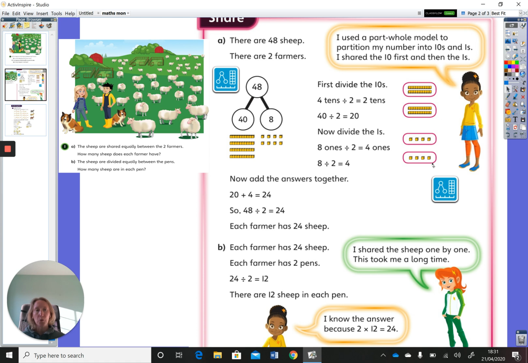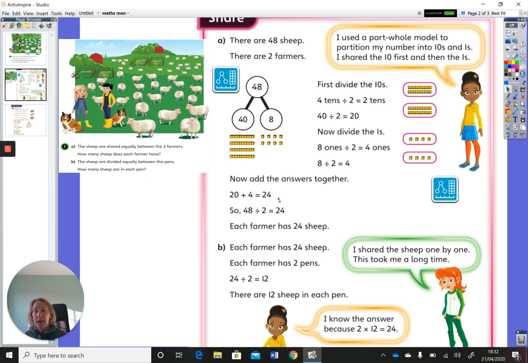So overall, each farmer is going to get 2 tens and 4 ones, which gives you 20 plus 4, which is 24. If you were writing that as a mathematical statement, you could say 48 divided by 2 equals 24. So each farmer has 24 sheep.